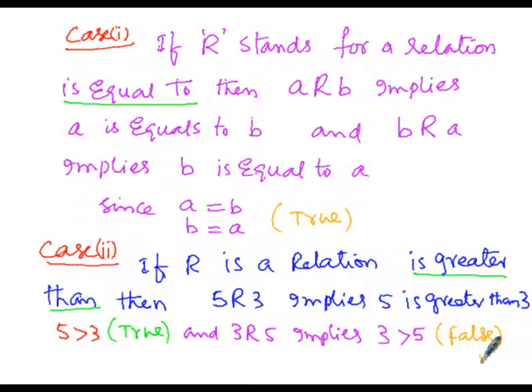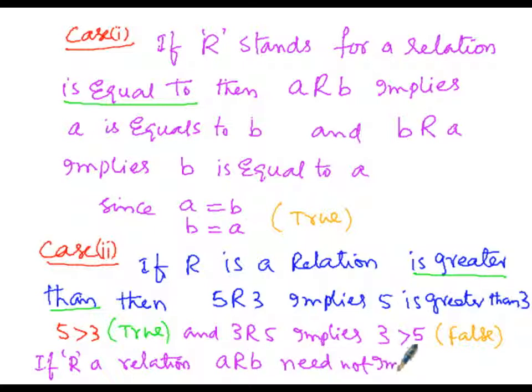So from this it is clear that if R is a relation, A R B need not imply B R A. That is, 5 greater than 3 is true whereas 3 greater than 5 is false.